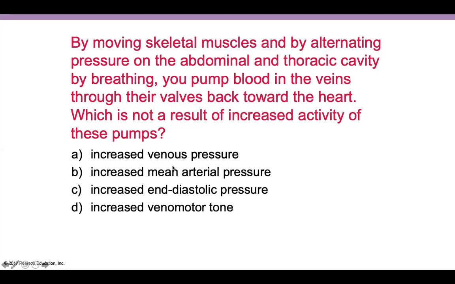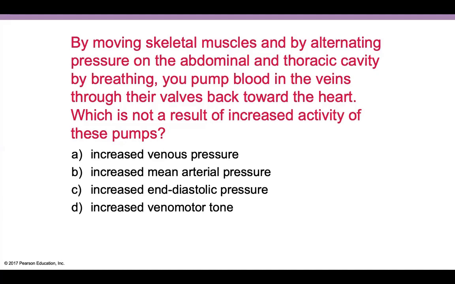Venomotor tone is a mechanism all of its own. This is where we involve the sympathetic nervous system, and this is where the veins have a small amount of constriction that allows for more blood to be going back towards the heart. So when there is increased stretch on the walls of the vein, that allows, via the sympathetic nervous system, for a slight constriction, which is that venomotor tone, which slightly decreases compliance.